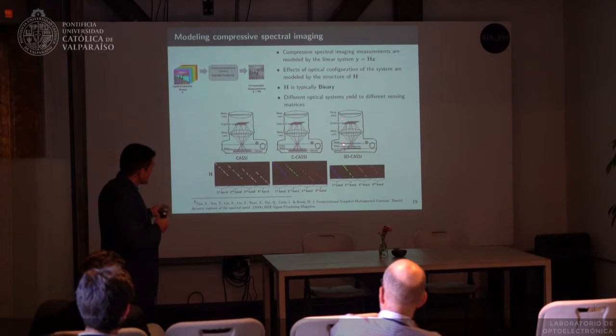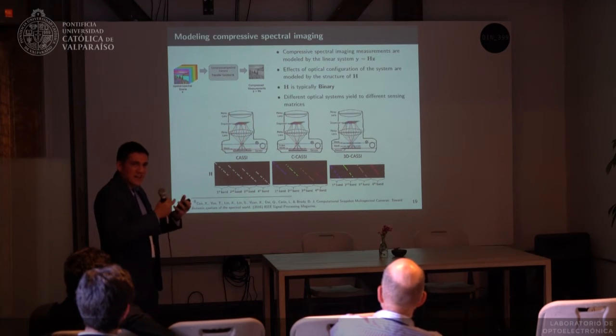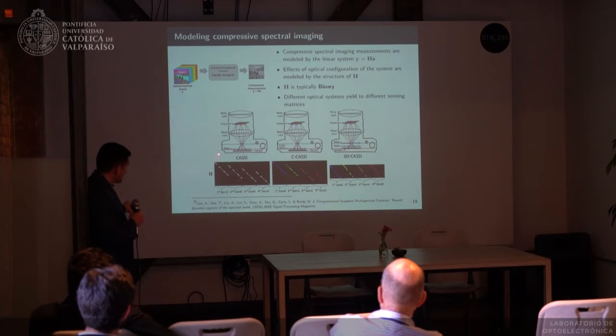And this architecture is, from the mathematical point of view, the best, but the problem is that the efficiency of the system in terms of the light is very low because you have two codification masks in the path of the light. Another thing that you see is the transfer function of the system.